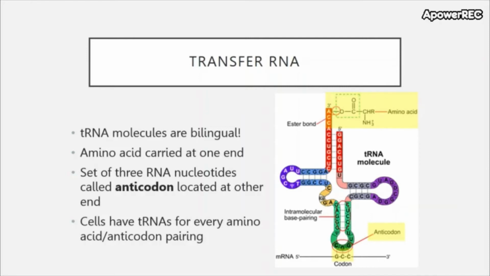So as you can imagine, these little molecules will be used to read that RNA code, and if there is a match, it will provide the proper amino acid that can be transferred to the growing protein strand.